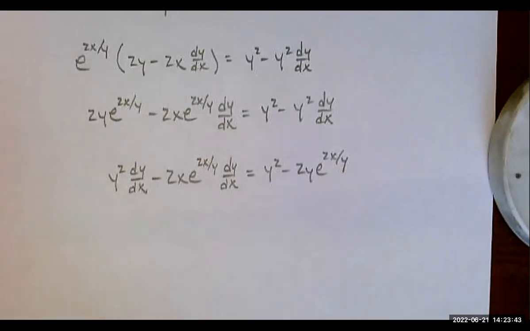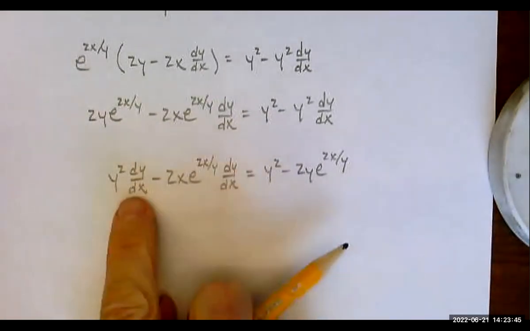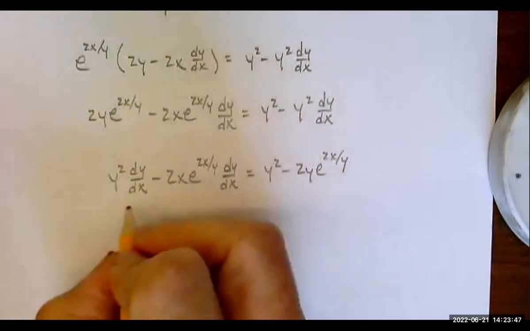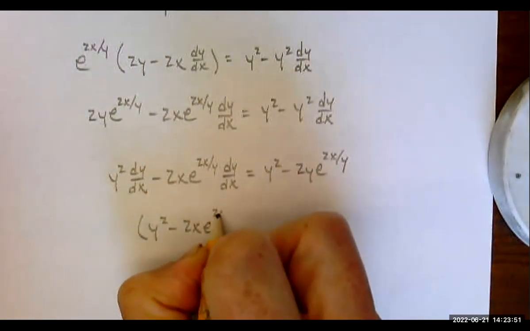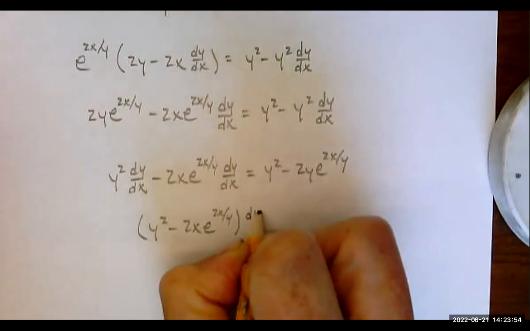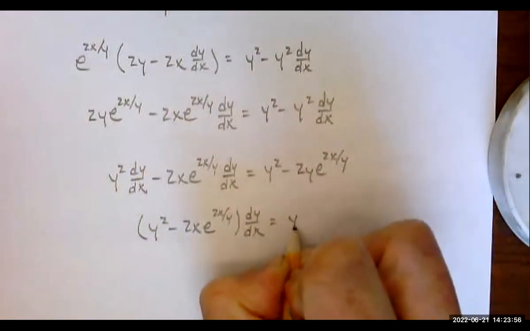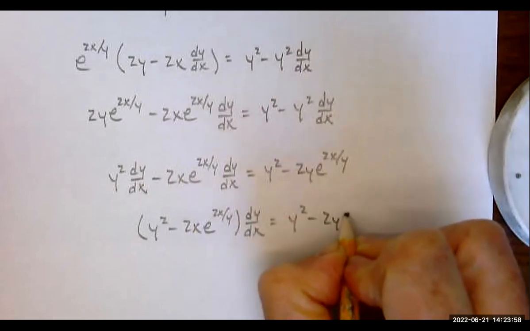Now we're looking really good. I can factor out my dy over dx and divide by what's left. This just stays the same here on the right.